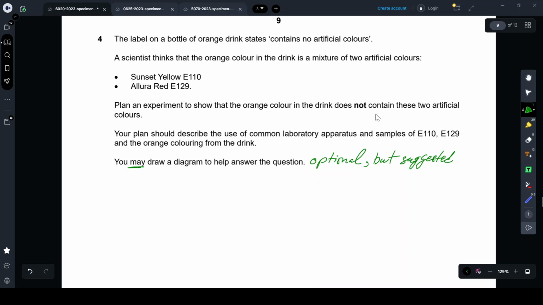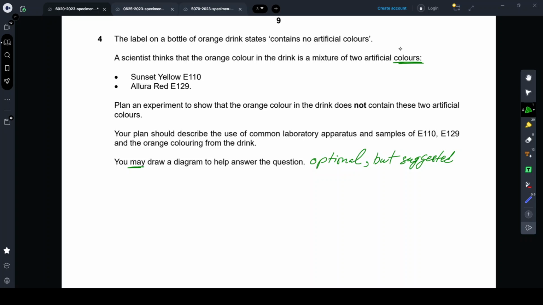Okay, we're talking about colors. What experimental procedure have we learned to deal with colors? Spotting. Spotting is done in which experimental technique? We need to use a capillary tube.